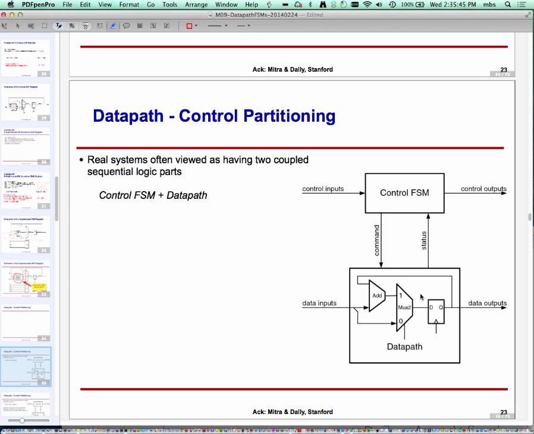So in many cases, it's better to think of a system not as a single program or a single state machine, but as multiple things doing things concurrently, because then you can focus on one or the other. Other examples: let's say you're designing logic for a telephone answering machine.